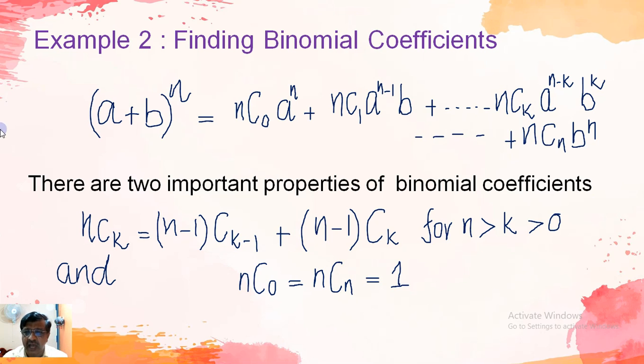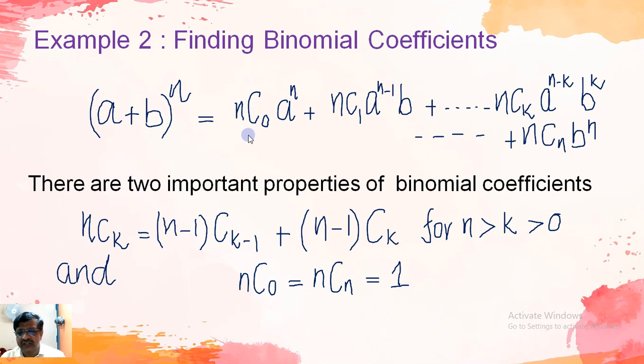Here binomial coefficients appear as multiplicative coefficients in the expansion of the binomial formula. (a plus b) to the power of n is nC0 a to the power of n plus nC1 a to the power of n minus 1 and b to the power of 1, etc., nCk a to the power of n minus k b to the power of k, and nCn b to the power of n.